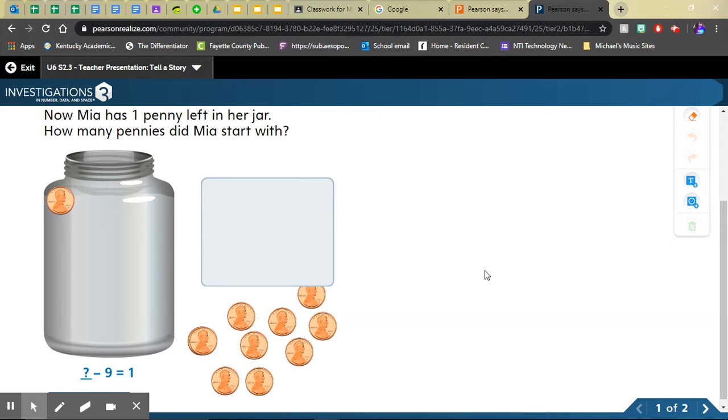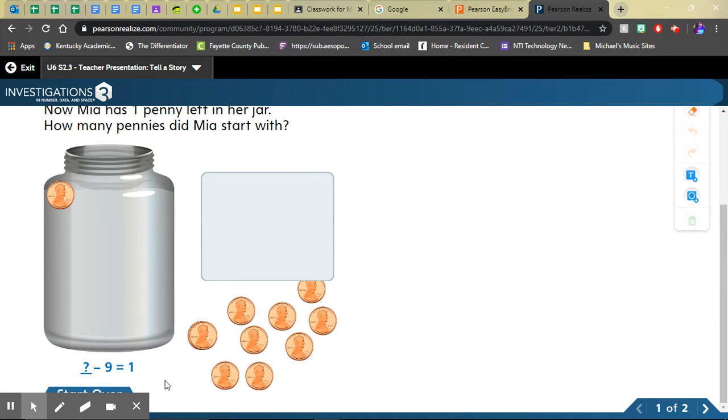If you're unsure of how to figure this out, look at the equation that Investigations gave us. Blank minus 9 equals 1. What minus 9 equals 1? Think about it.